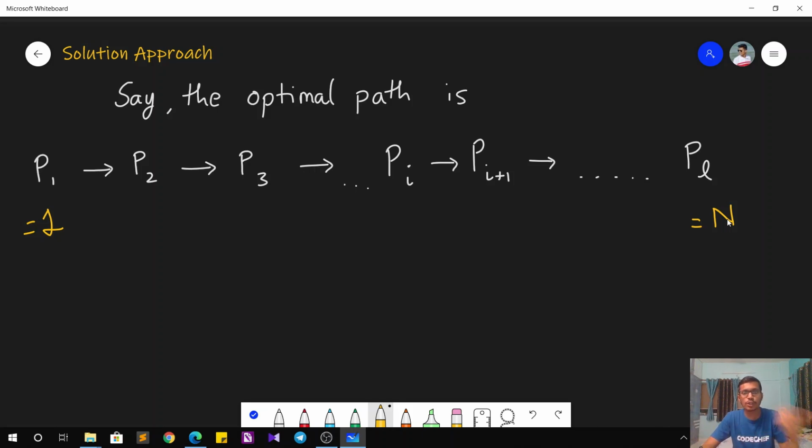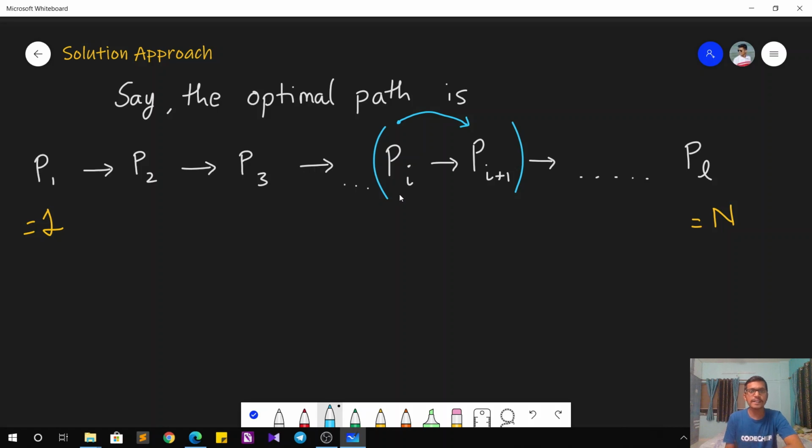What extra information can we infer from this? Let's take general consecutive positions, that is, positions Pi and Pi+1. Chef is going to make a jump from Pi to position Pi+1.